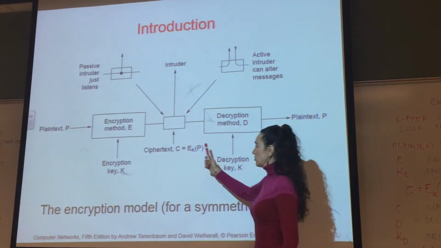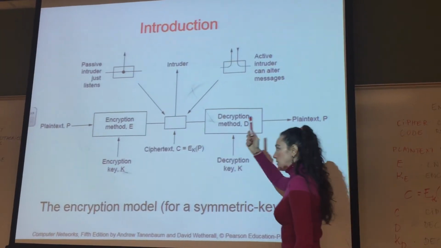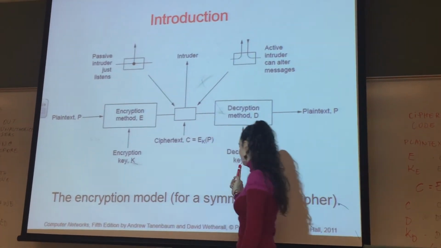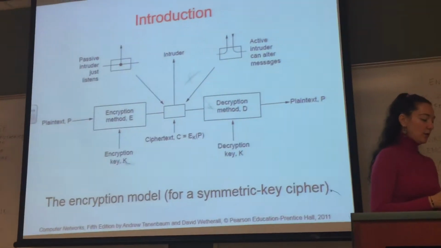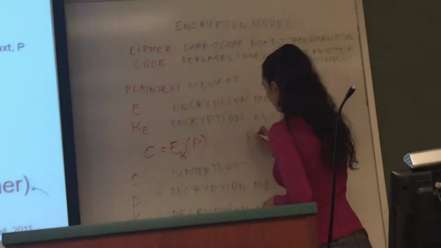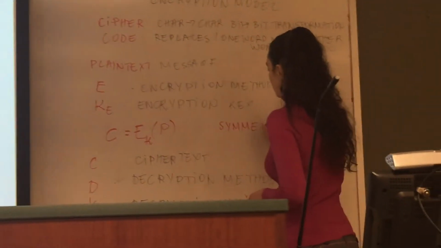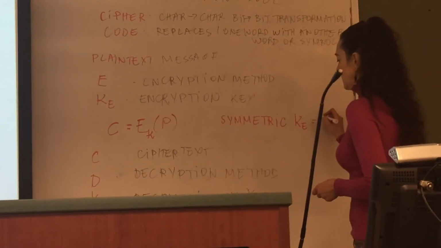And everything that goes through the network is ciphertext. So, is this key the same or is it different? It can be the same. If it is the same, it's called a symmetric key. If it's symmetric, this means the encryption key is equal to the decryption key.